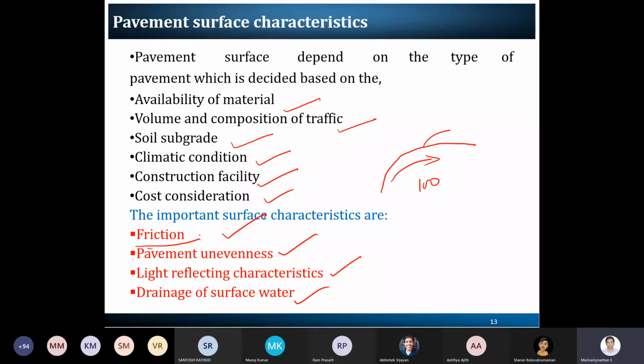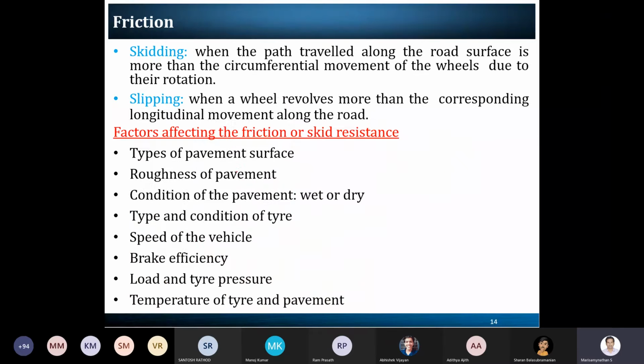So the factors affecting this friction or skid resistance are the type of pavement, roughness, conditions of the pavement, whether it is wet or dry, tire conditions, speed of the vehicle, braking efficiency, the load and tire pressure, and the temperature of the tire and the pavement.